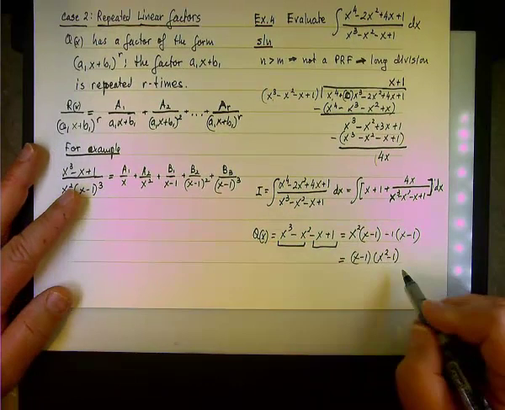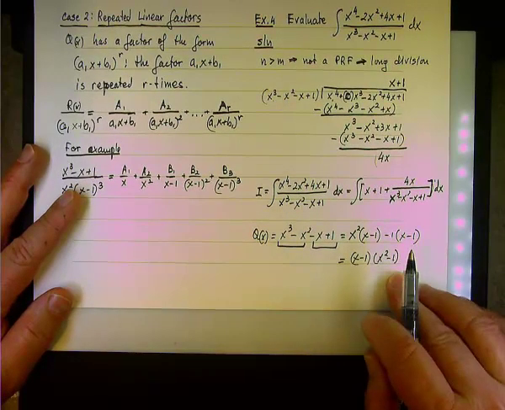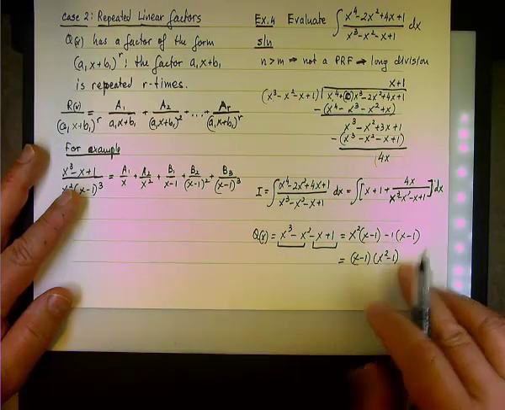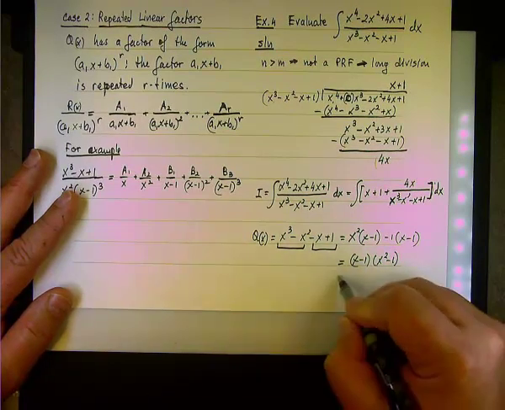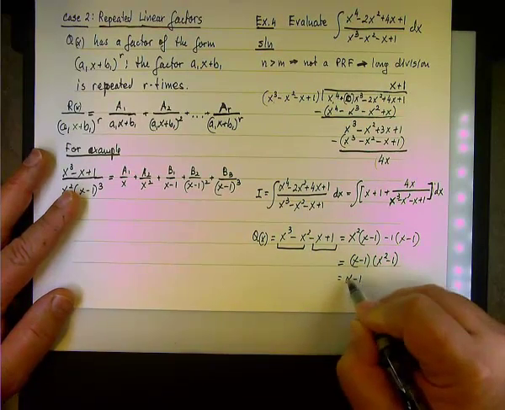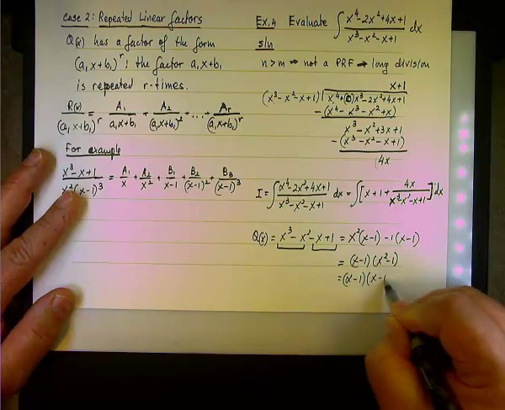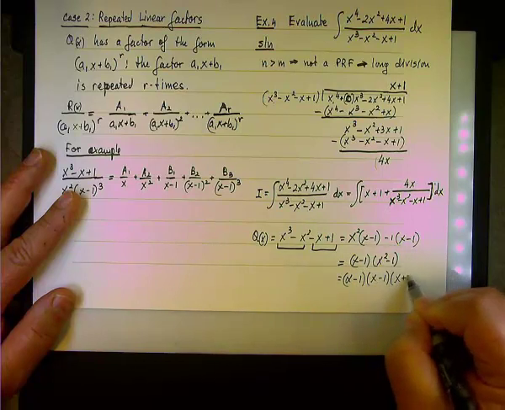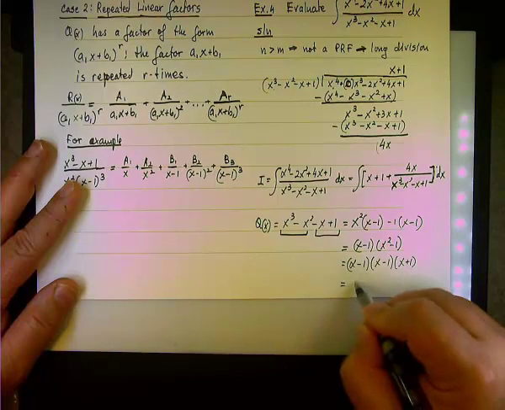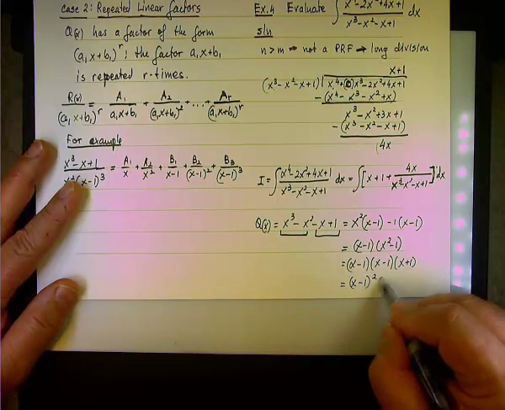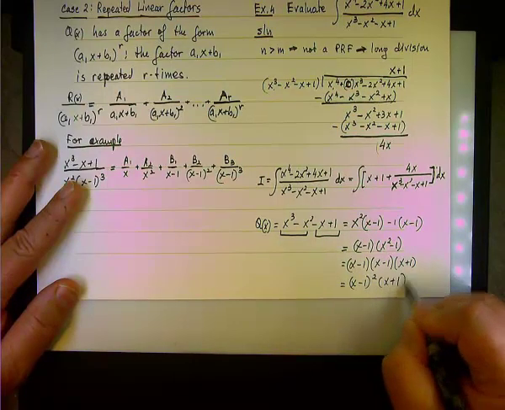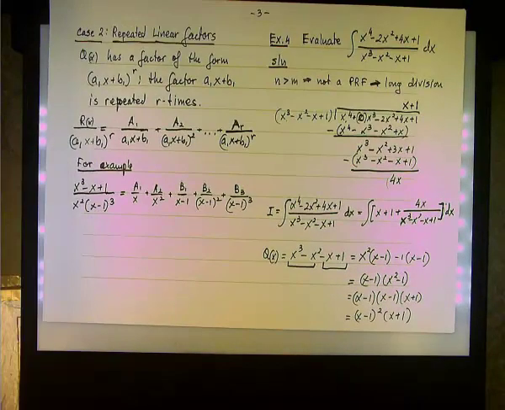But in the future, if you recognize something like this, you can say, aha, I can use the previous result. So x squared minus 1 is really x minus 1 times x plus 1. So here's your repeated linear factor, x minus 1 squared times x plus 1. And this is what we'll take to the next page.